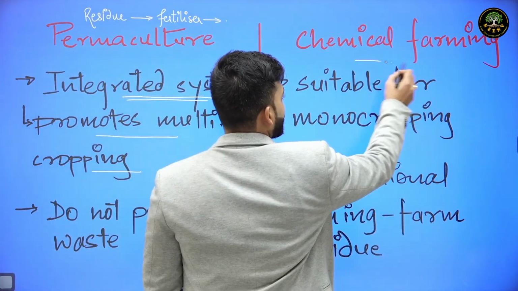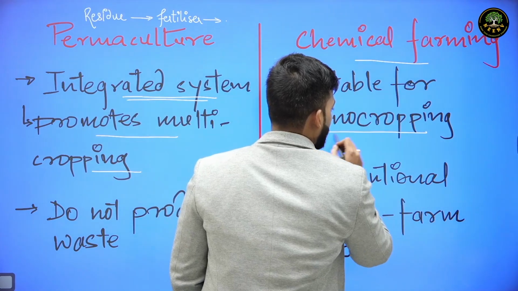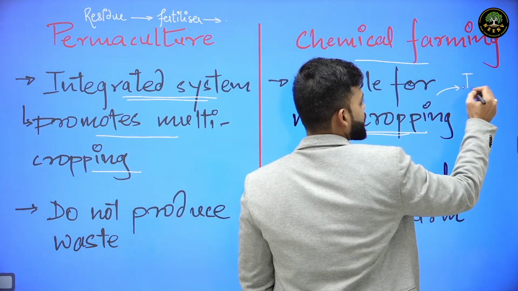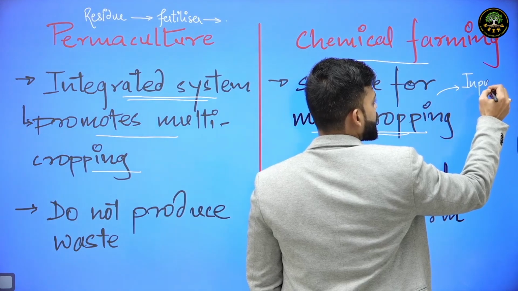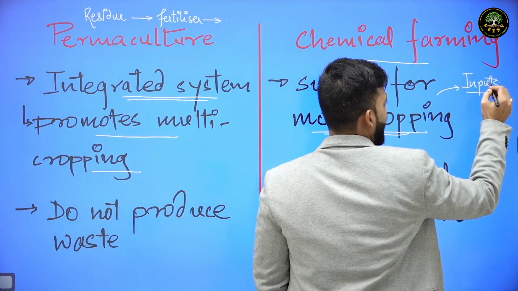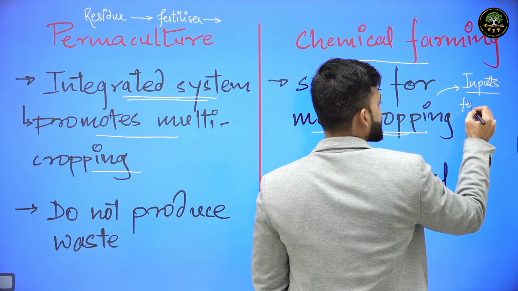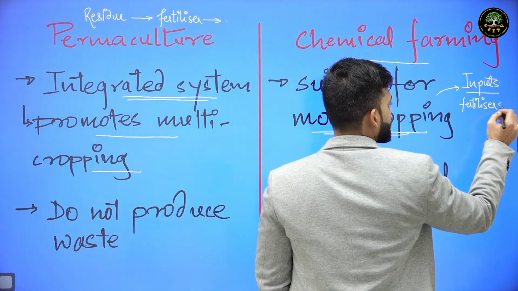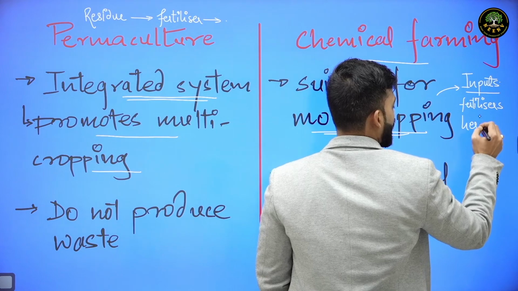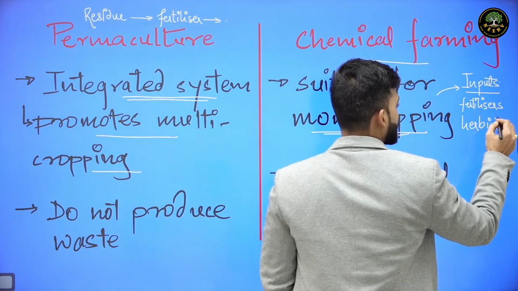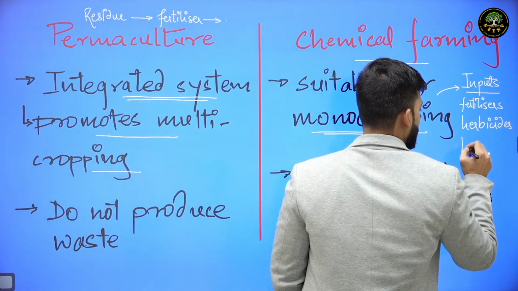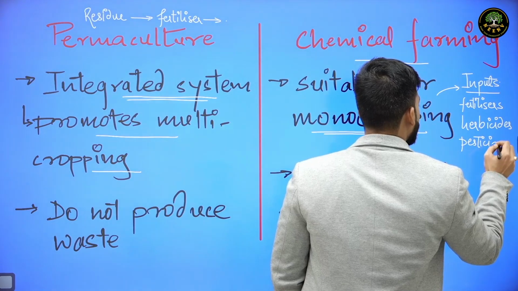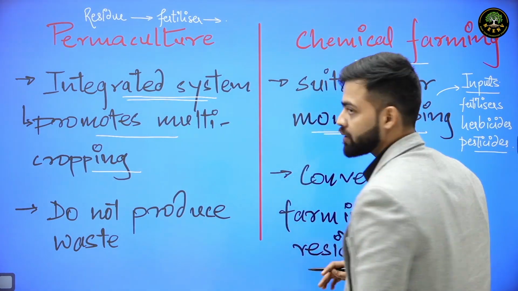Whereas chemical farming is suitable for monocropping, because what we do in chemical farming is we provide inputs like fertilizers, herbicides or pesticides that are best suited for a single crop.